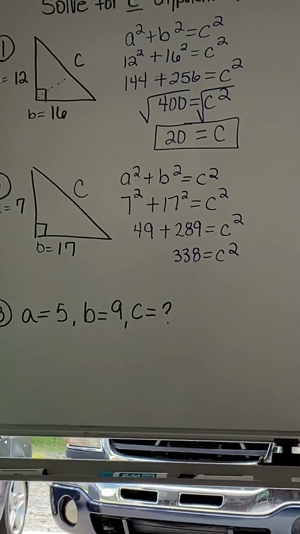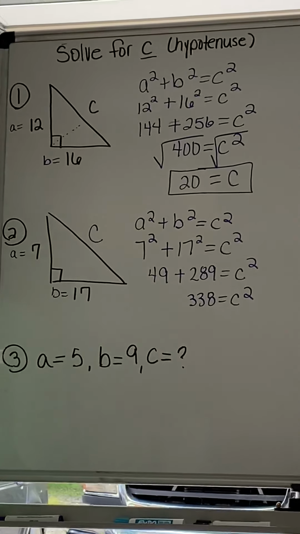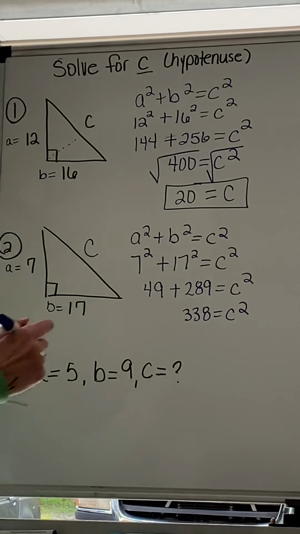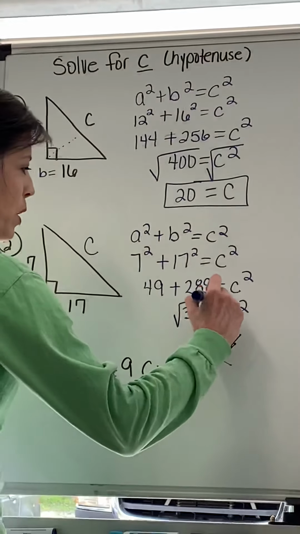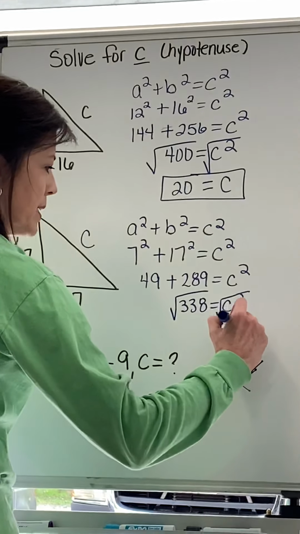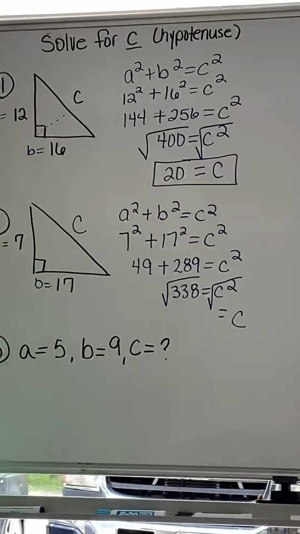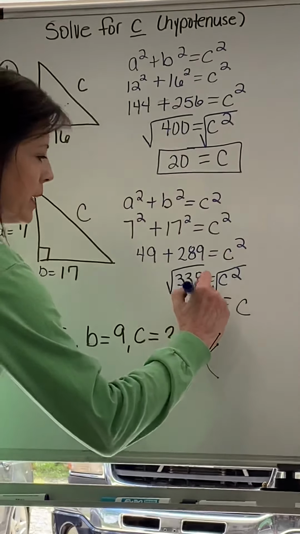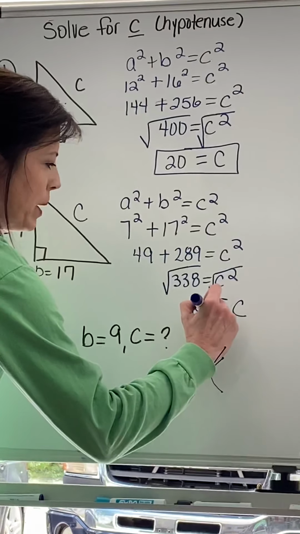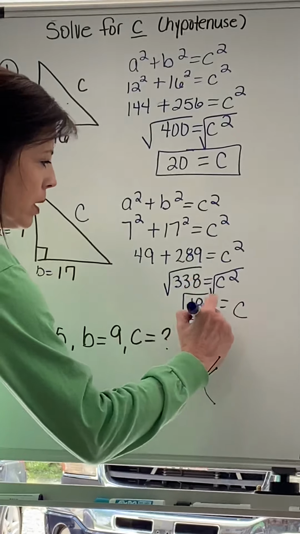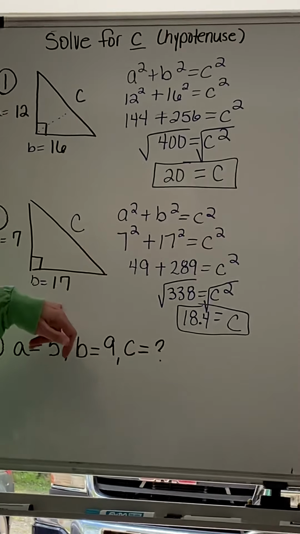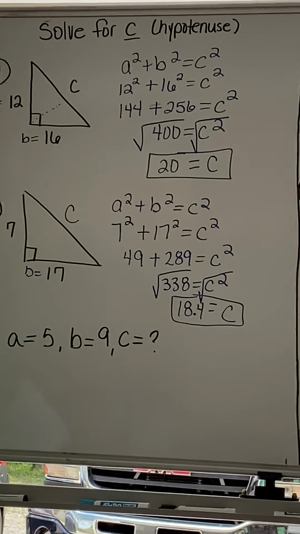So again, your last step is always going to be to take the square root of that number. So I've got to take the square root of both sides to solve for C. When you take the square root of 338, you do get a number. You want to round it to the nearest 10th place. That would be 18.4. And again, just a quick checkpoint, that would be the longest side of those 3 sides.